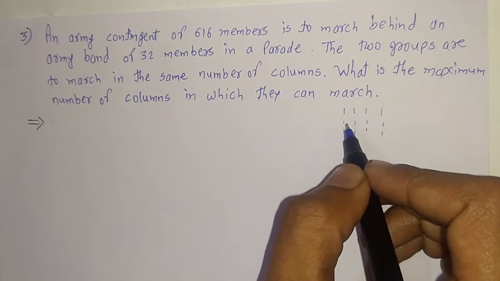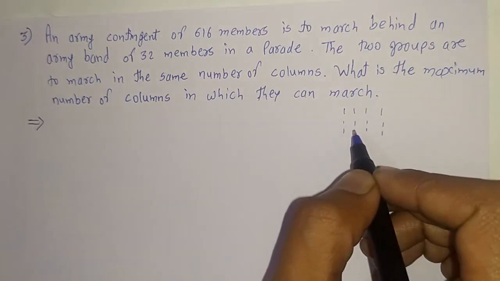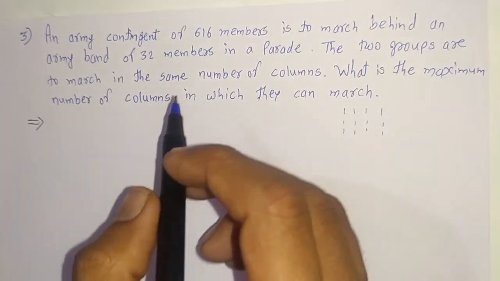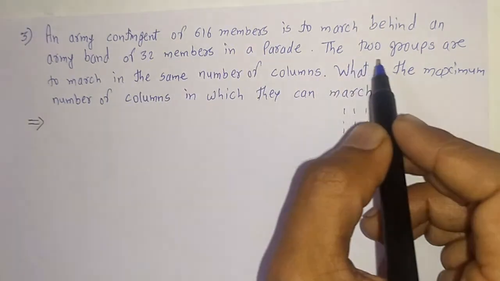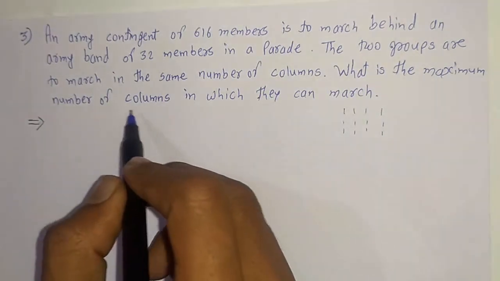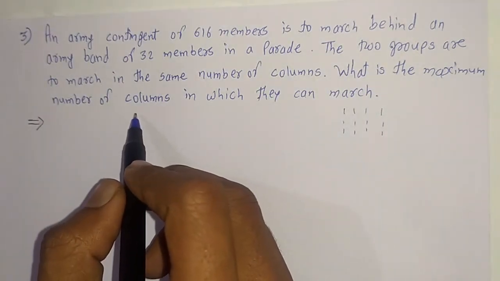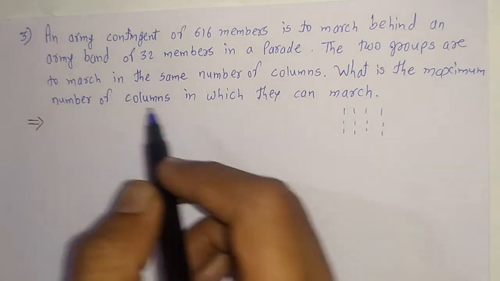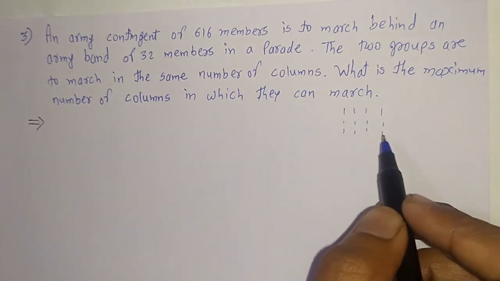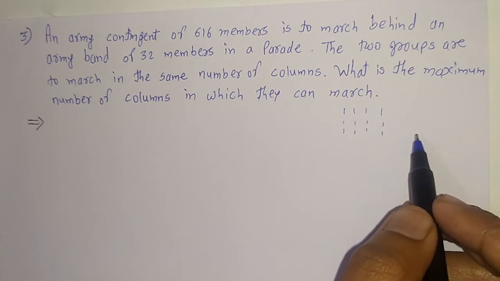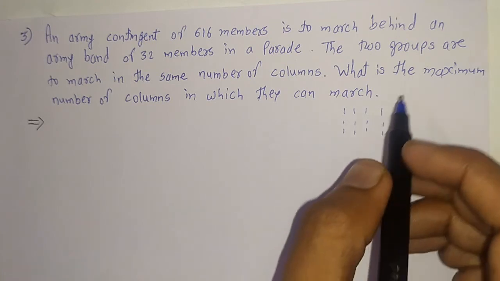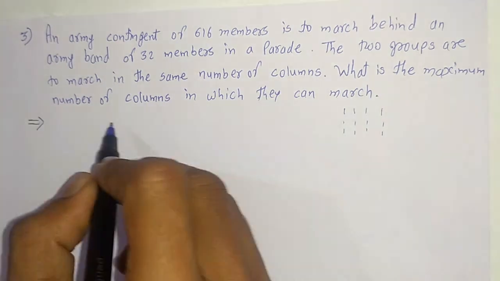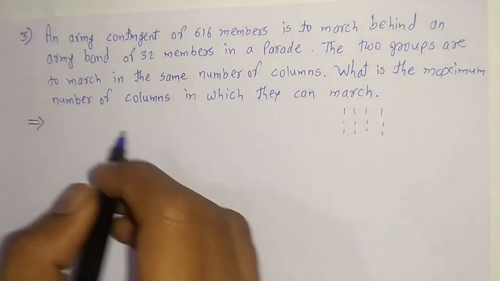In order to have the maximum number of columns, the soldiers in each column have to be minimum. Once the soldiers are minimum, you can increase the columns. So what is important here is this last line, maximum number of columns in which they can move.